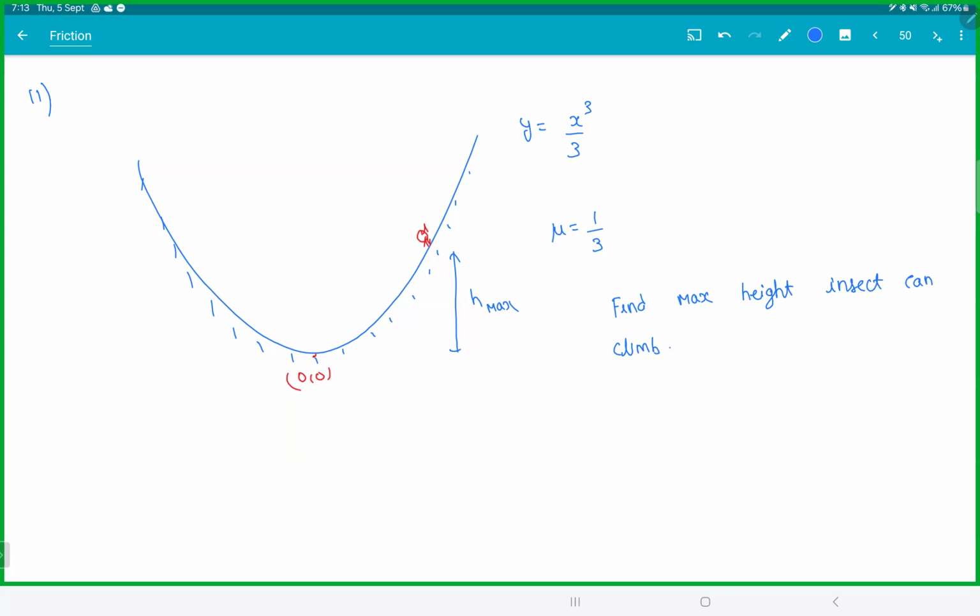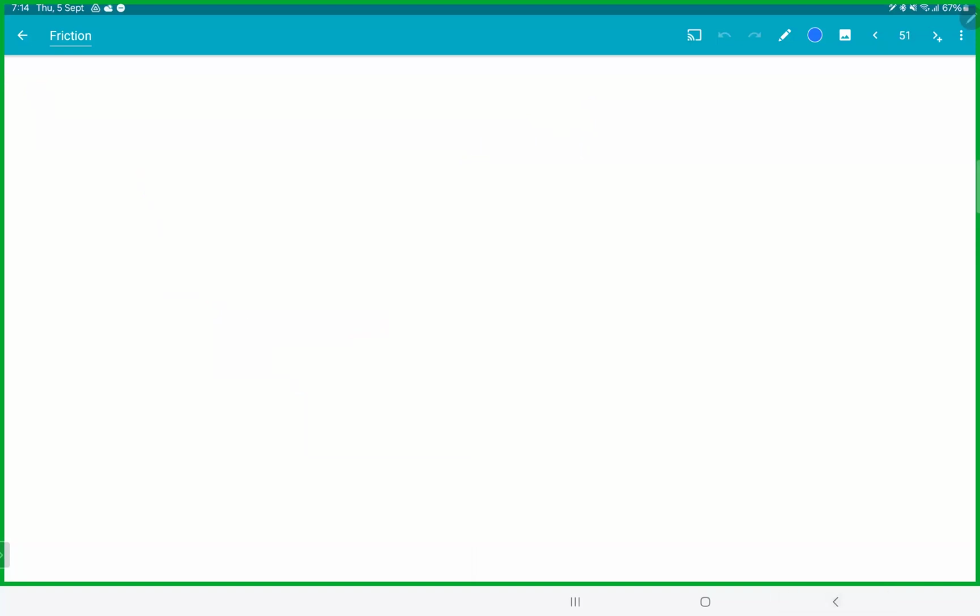One by root 3. Let's see. Idea is the same.